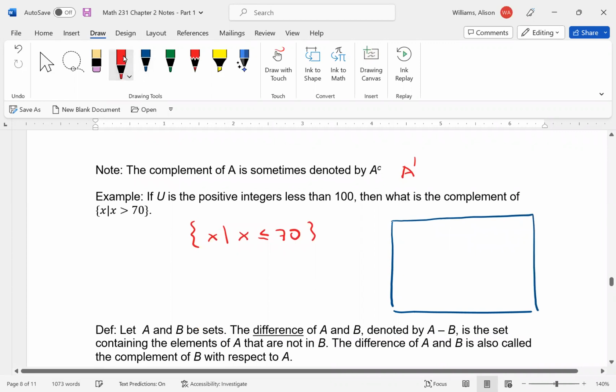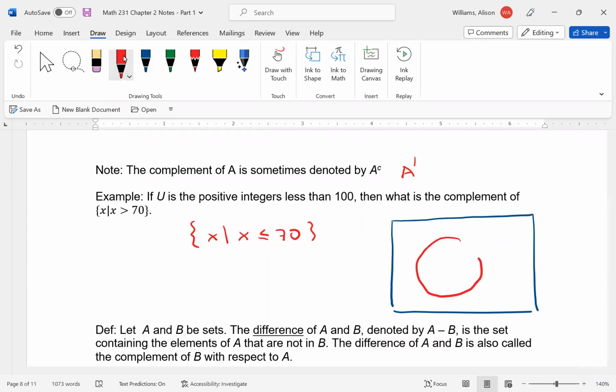So the complement of a set A is everything not in A. So I'm not even going to bother drawing another set because it's just outside of A. So if it's in A, it's not included. All right, there we go. Best I can do. My sad little highlighter.